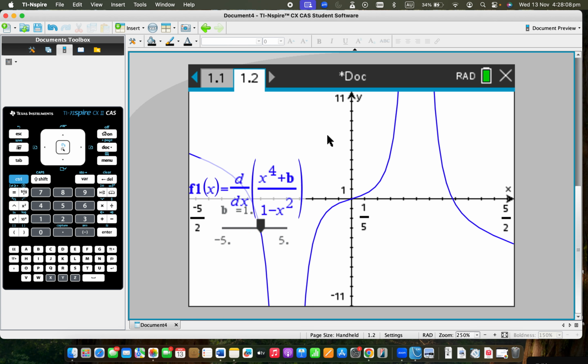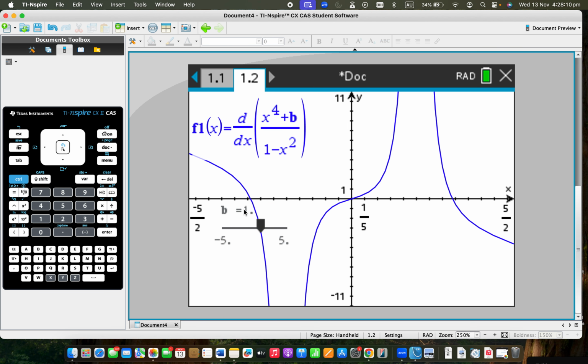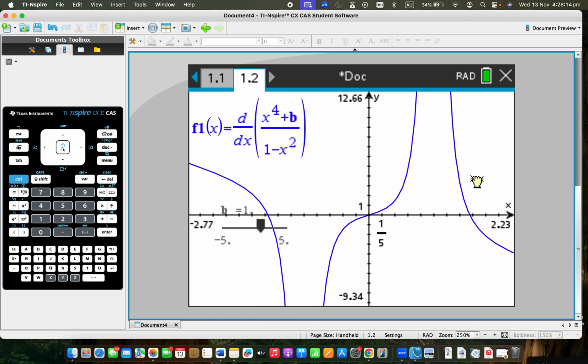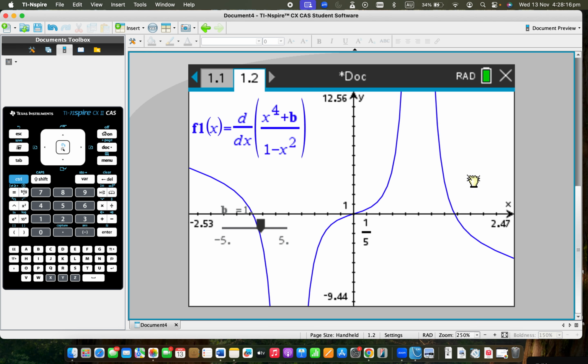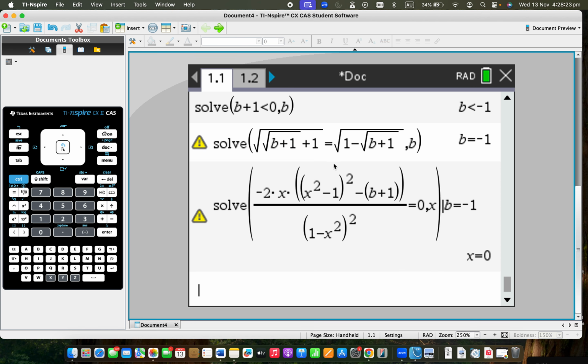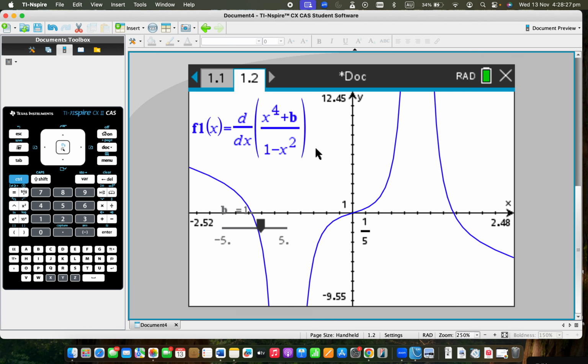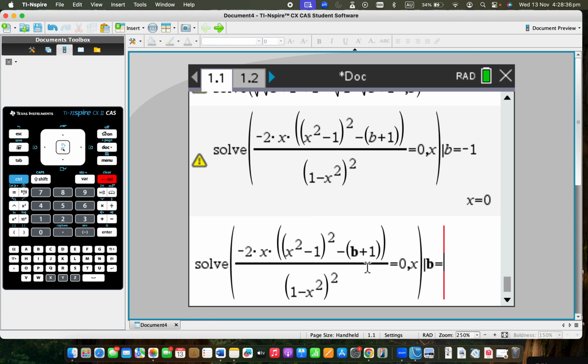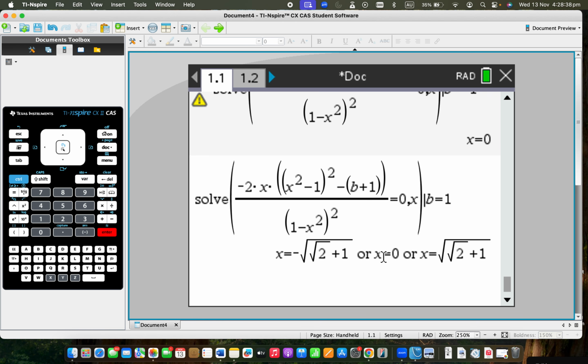Okay, so when b is 1, we've got 1, 2, 3 x-intercepts. Wait. So is 1 another one? Yeah, 1 is another one.